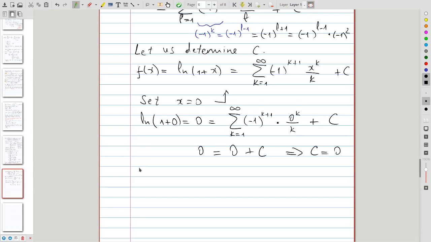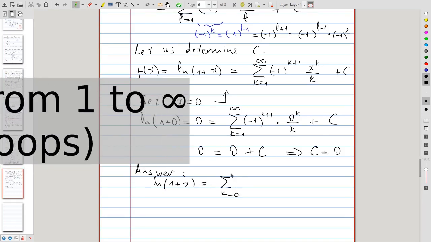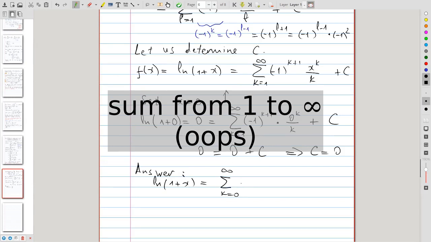And so the conclusion is that log of 1 plus x is equal to the sum k from 1 to infinity, minus 1 to the k plus 1, x to the power k over k.